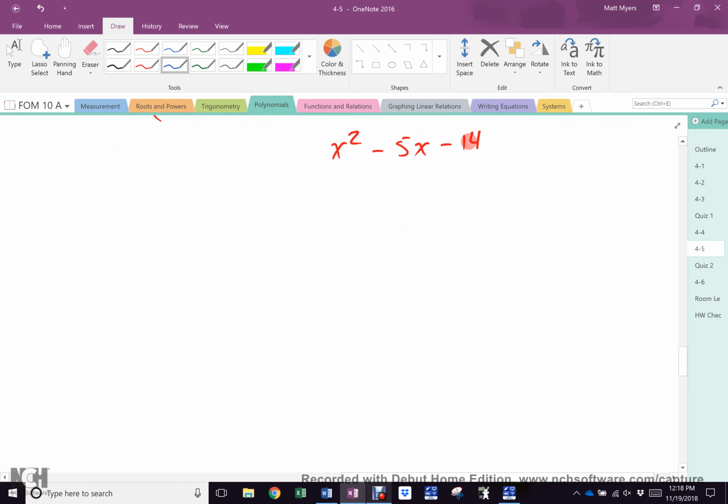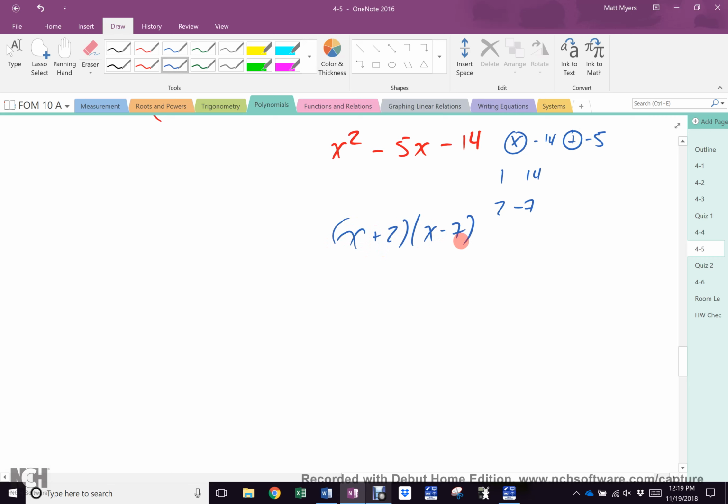We multiplied the two terms in the factors. So you need numbers that will multiply to negative 14 and add to negative 5. Is it 1 and 14? No. Is it 2 and 7? Yes, because 2 minus 7 is negative 5. So it is x plus 2, x minus 7.